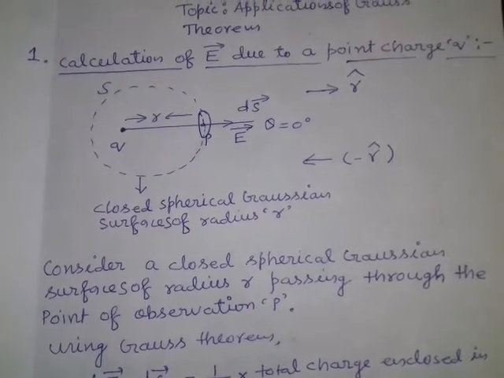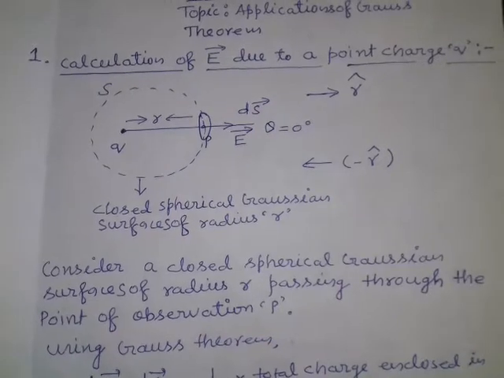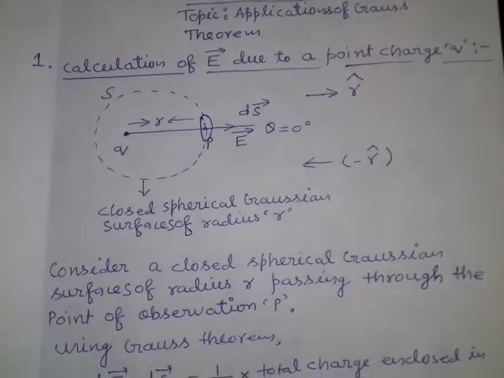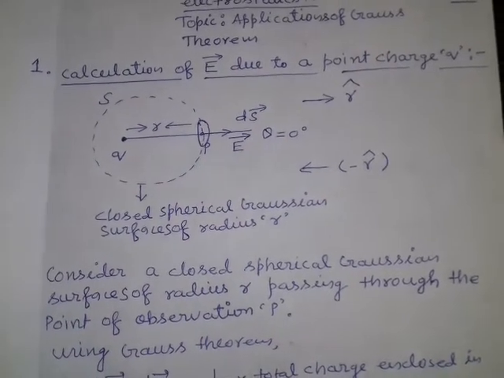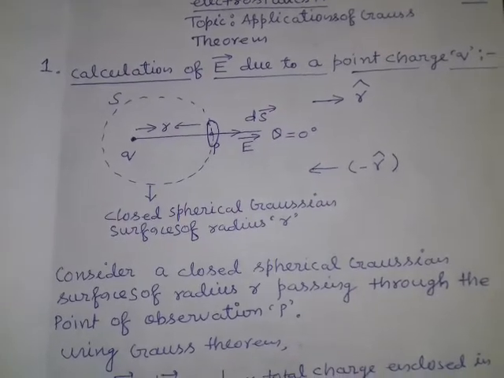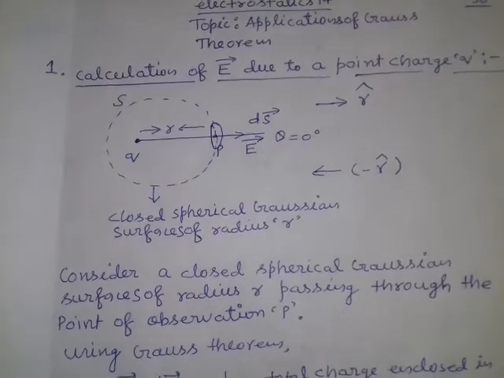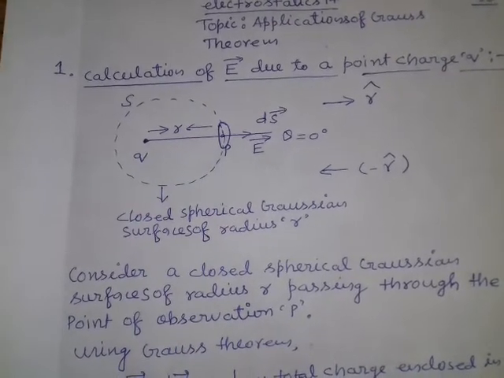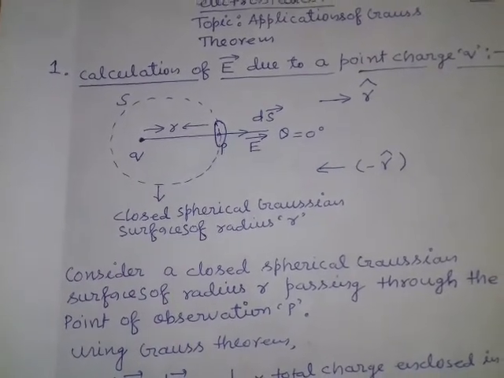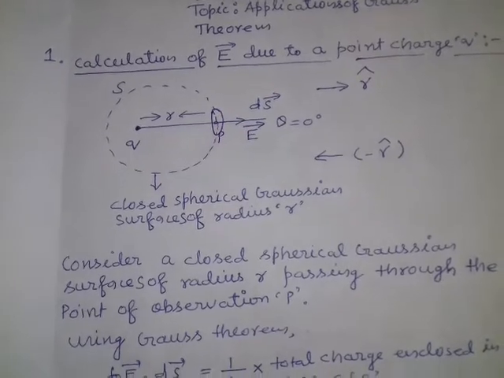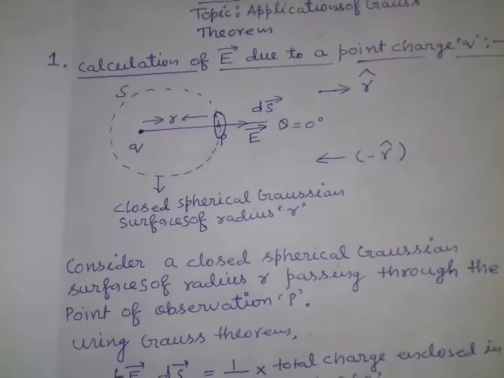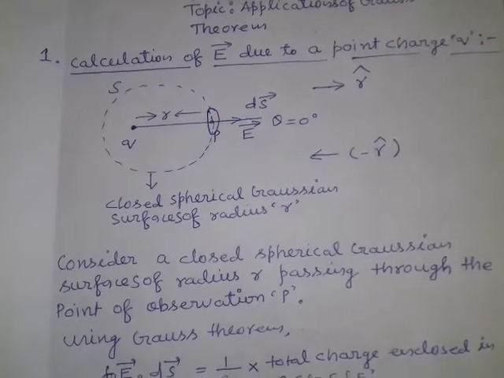This is a very nice approach. In this approach, we have some peculiar methods. First one is we will try to enclose this point source charge with the help of a closed Gaussian surface.